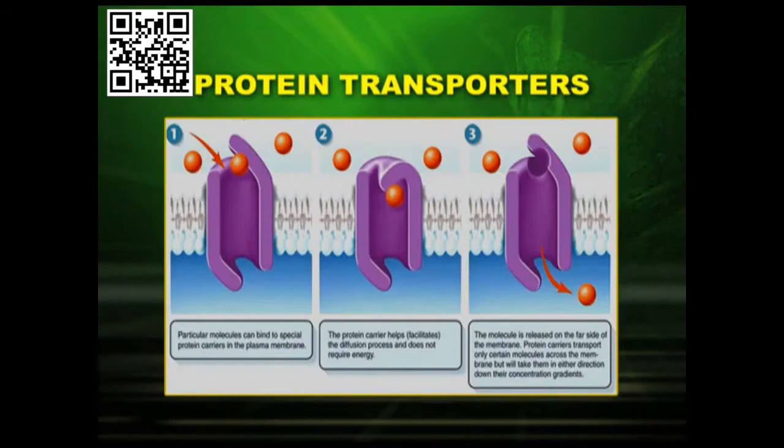There are certain protein transporters present in the plasma membrane, and this diagram clearly shows, in the first diagram, where the particular molecules bind to the special protein carrier in the plasma membrane, and then in the next you can see the process in which the molecules are helped by carrier proteins present in the plasma membrane, and then in the third process, the molecules are taken inside the cell.